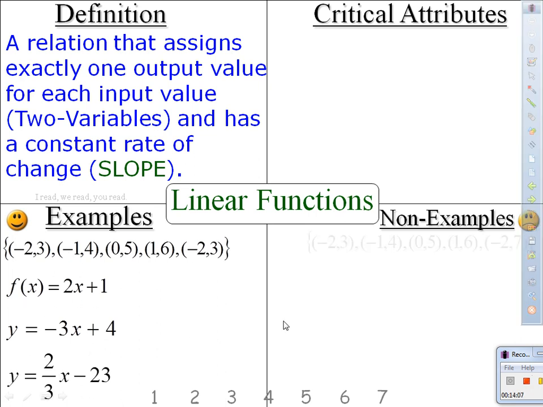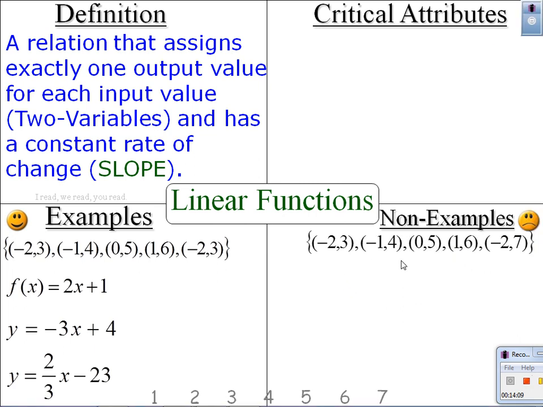Okay, for non-examples, I gave you this one. Turn to your neighbor, let them know why this one is not a function, please. Denise, why is that one not a function?